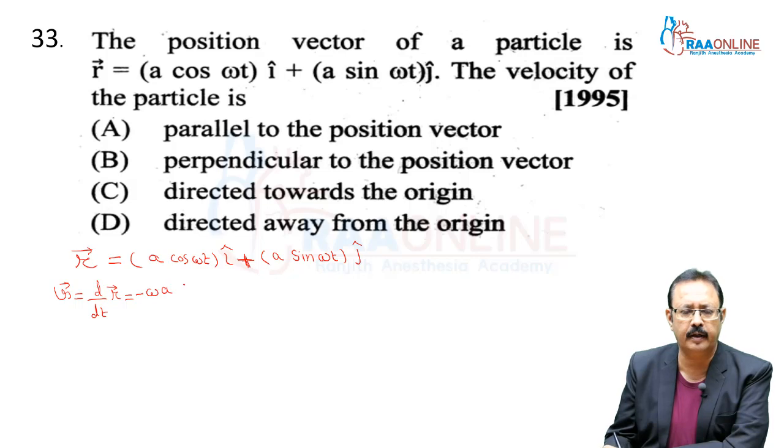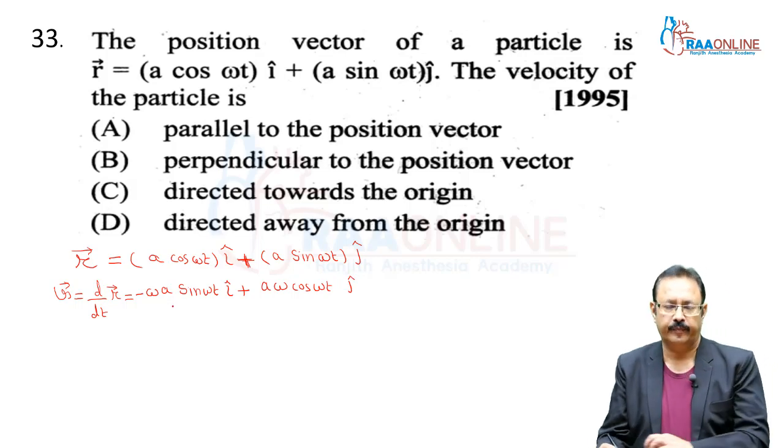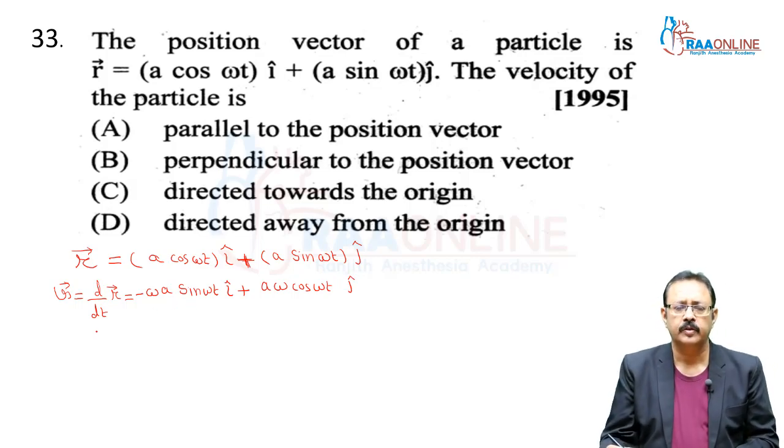Minus omega sin omega t, it is for direction only. Differentiation of sin omega t is omega cos omega t. So what we got?